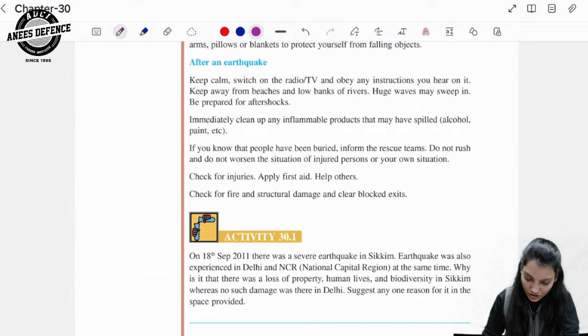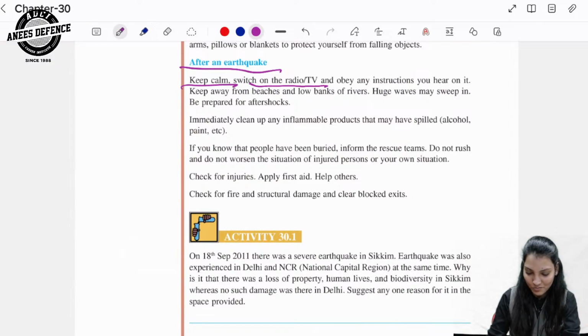Now, after an earthquake, keep calm, switch on the radio, TV so that you will get all information related to the earthquake. Obey any instruction you hear on it. You should follow the instruction that the speaker on your television is giving to you. You should obey that.